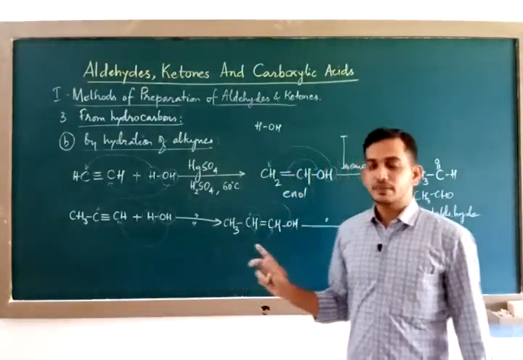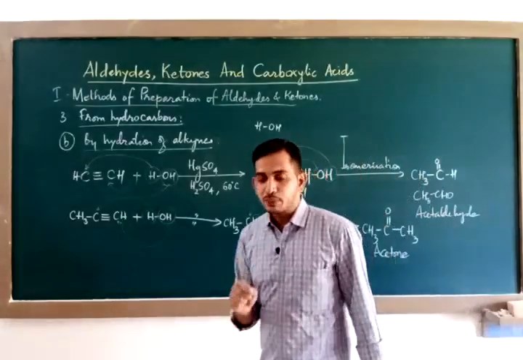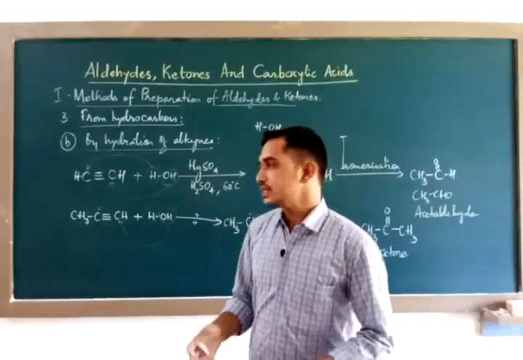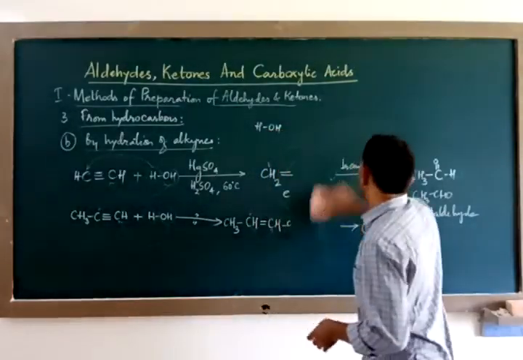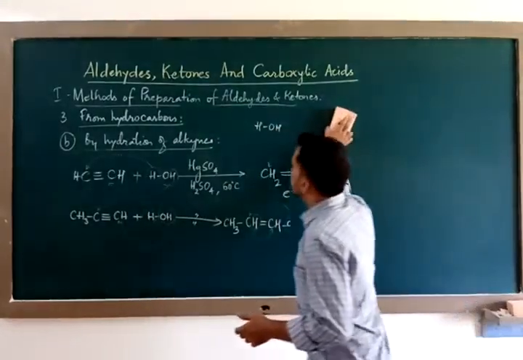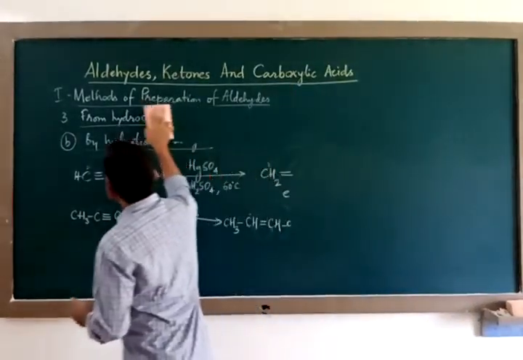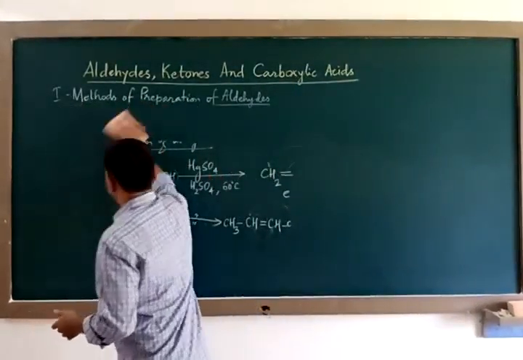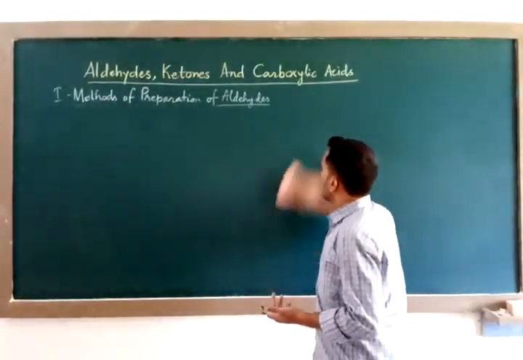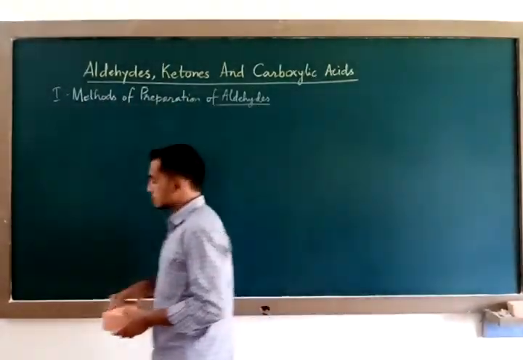So these were the three methods by which you can prepare either aldehyde or ketones. Now let us see some reactions and methods by which you can prepare either aldehyde or ketone but not both. So these are exclusive methods for preparing either aldehydes or ketones.